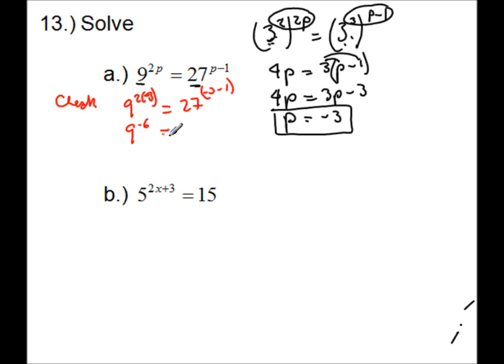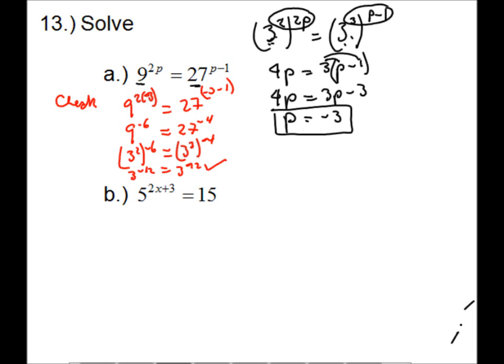And this ends up being 27 to the negative 4. And again, we can play that game of changing the powers. This is 3 squared to the negative 6, which is 3 to the negative 12. And then this ends up being 3 cubed to the negative 4. And so this is 3 to the negative 12 also, and it checks.